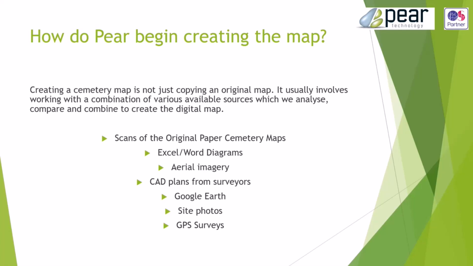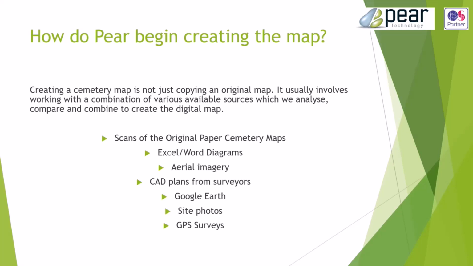So the map preparation service itself, when we're creating a map, we're not just taking a paper map and returning a digital copy of it. It usually involves working with a number of different data sets to ensure it's spatially correct. So we pull together all those sources, analyze those, compare them, and make sure that the digital map is georeferenced and accurate.